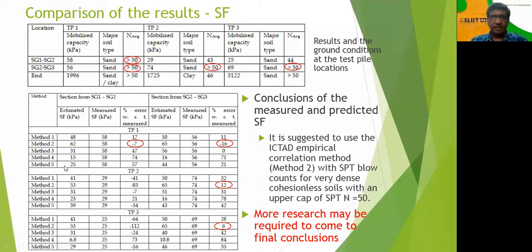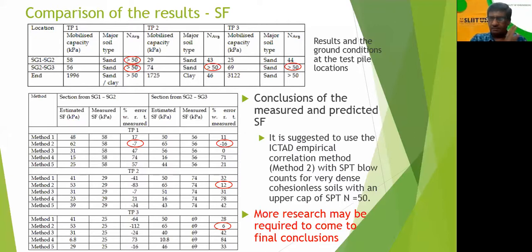So method 2 will give the lowest error. Therefore, we can speculate, of course there are only 3 test piles here, that we have a reasonable empirical correlation to estimate the mobilized skin friction.